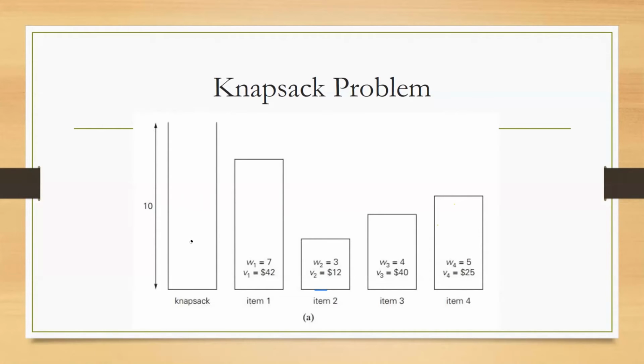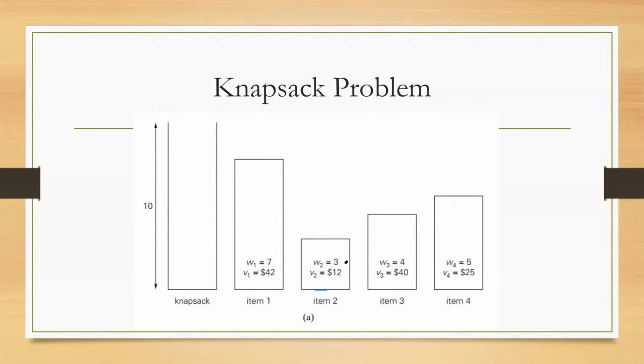For example, if I put item 1 in the bag, the profit we get is 42 and the weight of this item is 7. Out of 10, if I deduct 7, then 3 remains. Let us consider it as kgs. So 3 kgs remains. Total is 10 kg, and 7 is the weight of the item that I have put in this knapsack. Now there are only 3 kgs remaining.